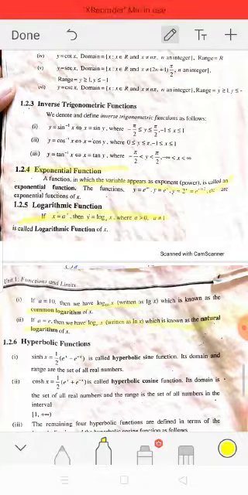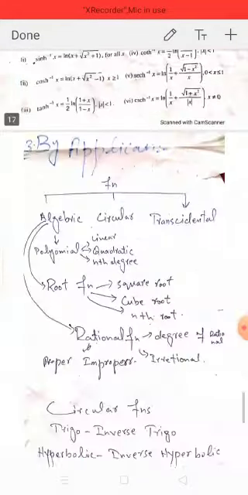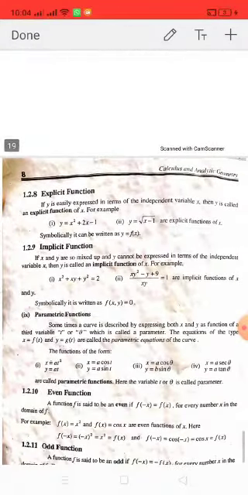If the base of log is 10, then it is said to be common. If the base is e, then it is natural. If the base is other than e or 10, then it is a general logarithmic function. So that was the logarithmic function. We have studied the application.